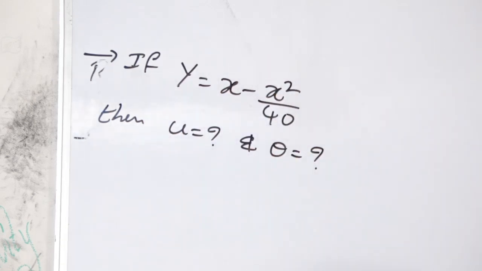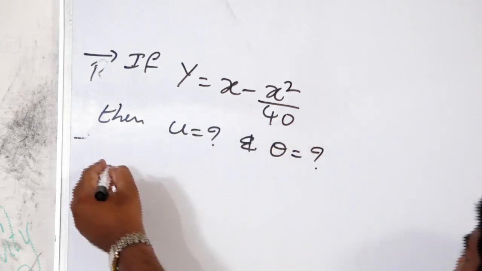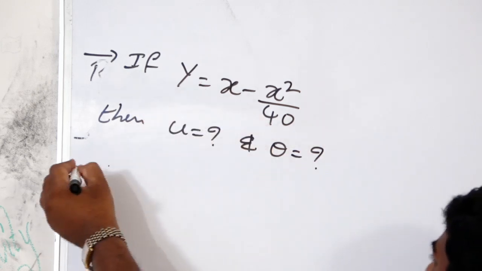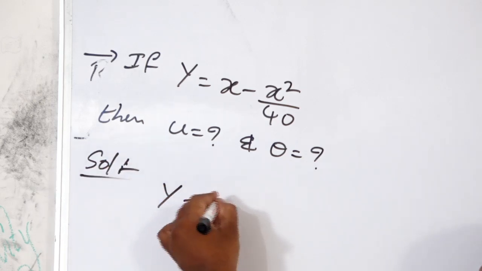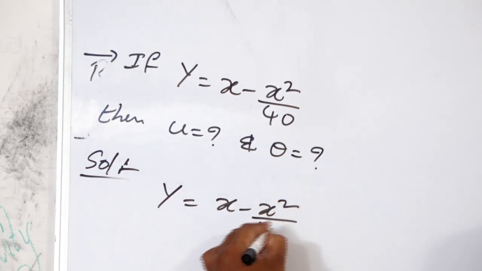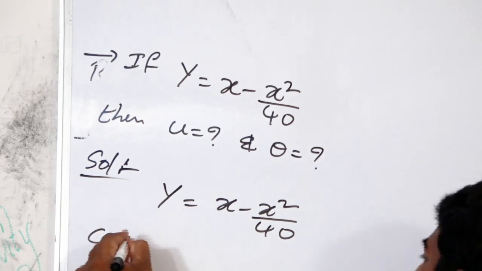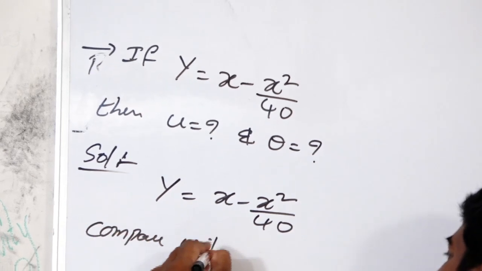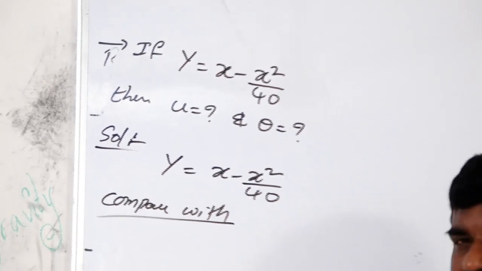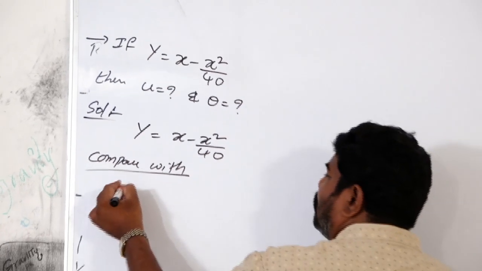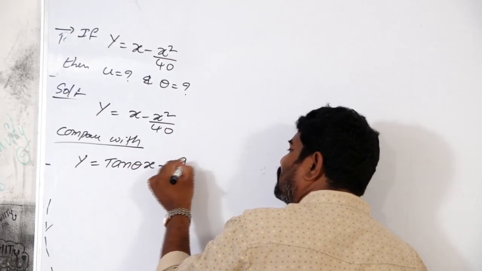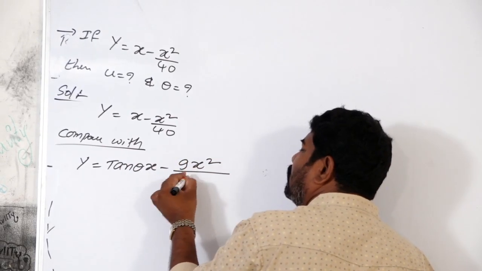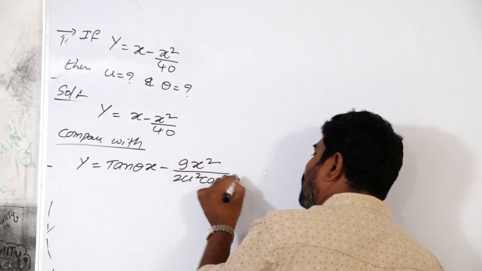Already I have discussed this in projectile motion. Here, given that y is equal to x minus x square by 40, compare with the relation between y and x, that is y is equal to tan theta x minus g x square by 2u square cos square theta.